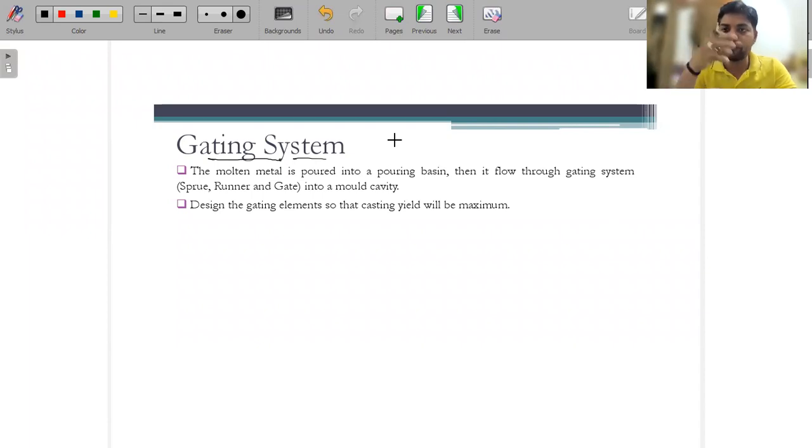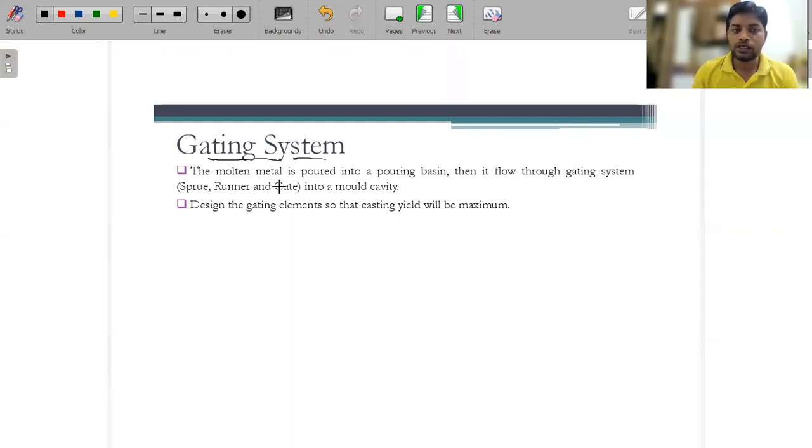When we are pouring the material from the ladle, first it comes to the pouring basin, then it is transferred to the sprue, then there is a choke area or skim bob. After that there is a runner, and after that there is a gate, and then it finally passes into the mold cavity, and once it is completely filled, the material comes out from the risers. So these are the basic elements of the casting terminology.